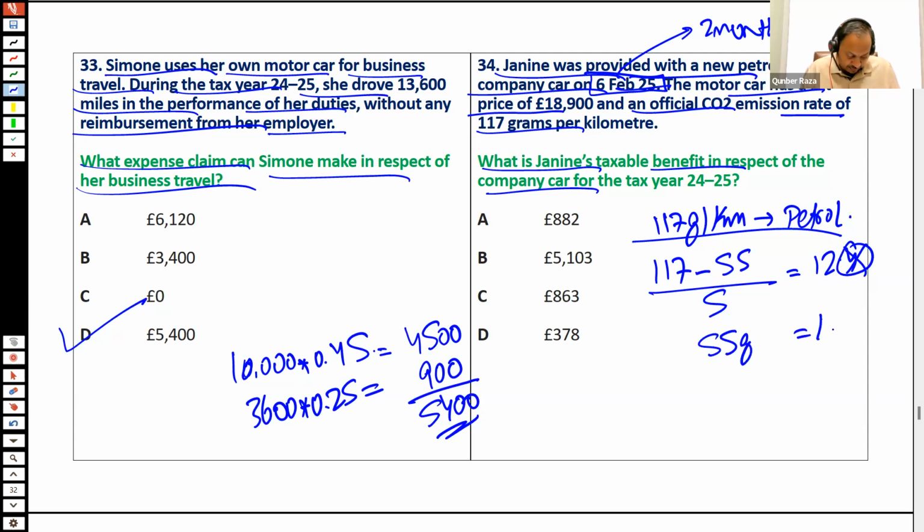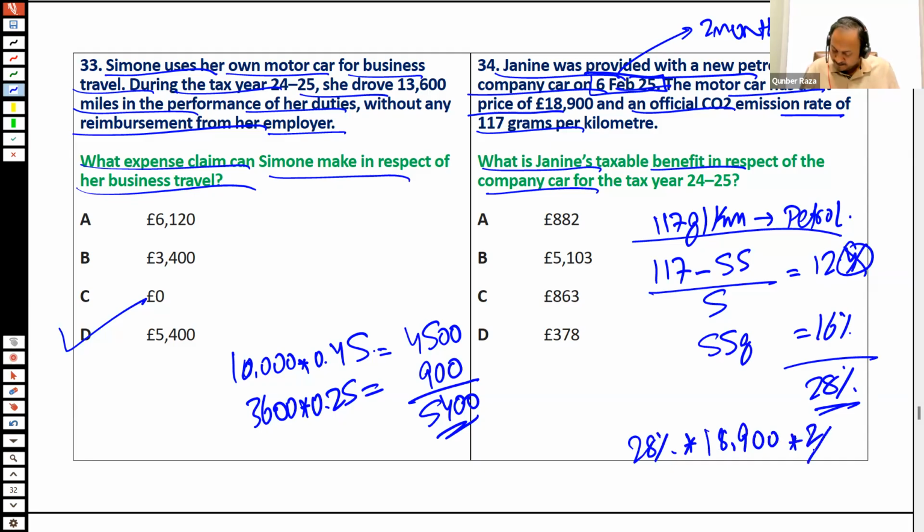It's 16. So the sum amount for 2 months. Thanks once again, Aisha.